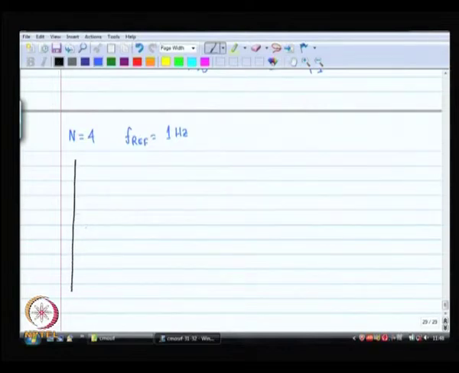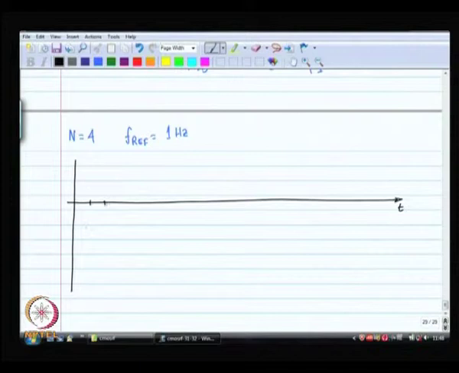So, as a function of time, let me first plot the reference frequency, the reference voltage. So, the reference voltage probably looks like this.